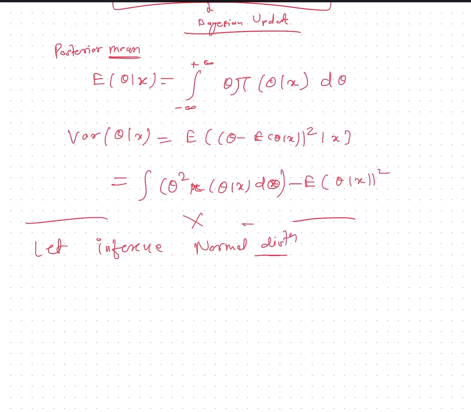Let's say we have data x1, x2 till xn. This is IID data, and let's say it is normally distributed with mean mu and variance sigma square. Now let's assume that mu is unknown and sigma square is known.